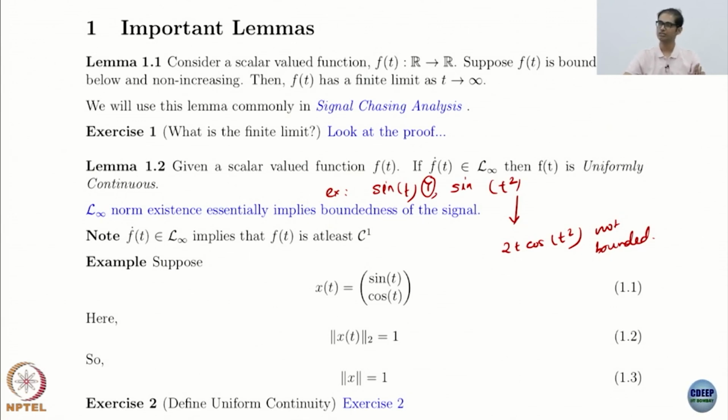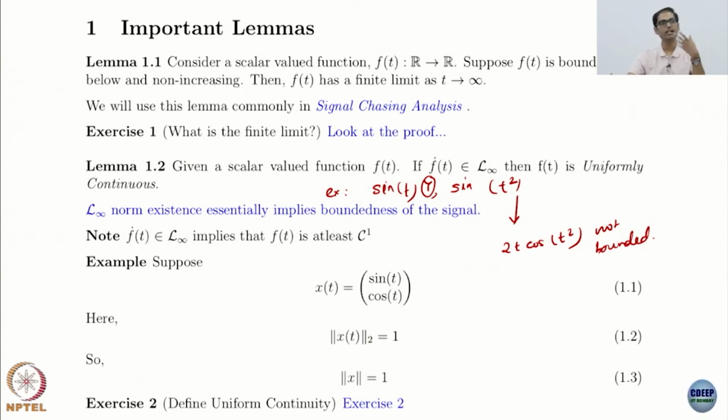Continuity depends on the t. So when I say the continuity depends on the point, it does not mean that it will become discontinuous at some point. This comes from the epsilon delta definition. Continuity says that if you are given an epsilon, there exists a delta, so that if the argument is delta away from a point, then the function is epsilon away from the value at that point. Now the delta can depend on t, epsilon cannot depend on anything.